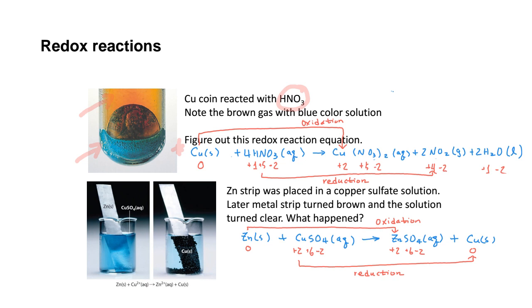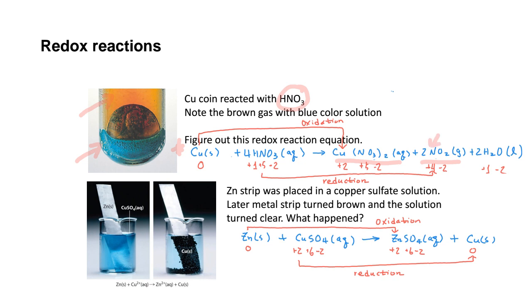The initial reactants were copper and nitric acid, and our products are copper nitrate and nitrogen dioxide. Copper nitrate is an ionic compound solution. The sky blue color comes from the copper 2 plus ion, and the brown gas originated from the nitrogen dioxide product.